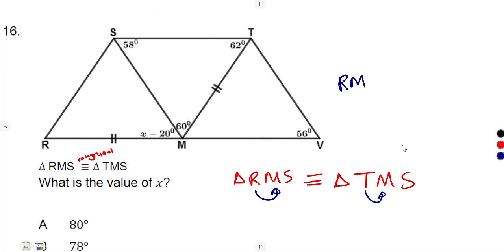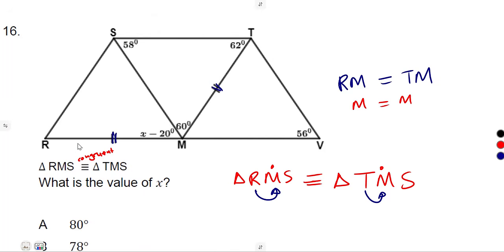Remember, from similar figures, we consider the ratio of sides to be equal. For congruent figures, the corresponding sides are supposed to be exactly the same. So RM and TM are equal, and as you can see there is that indication. Then we move on to the angle in between, angle M. It must be exactly the same.